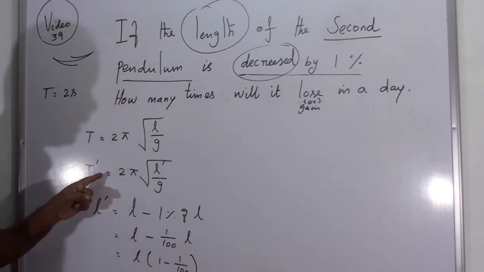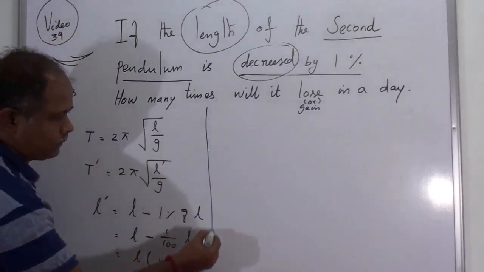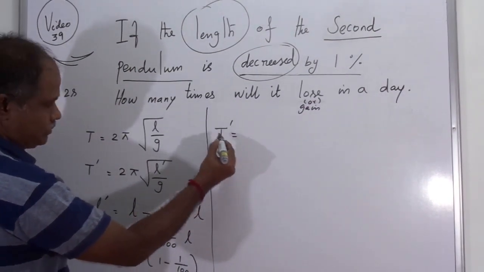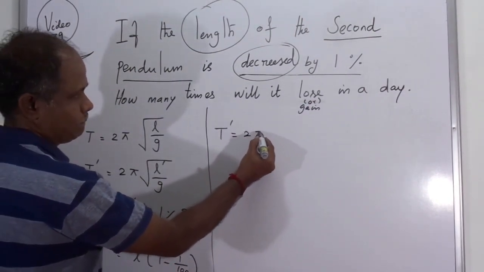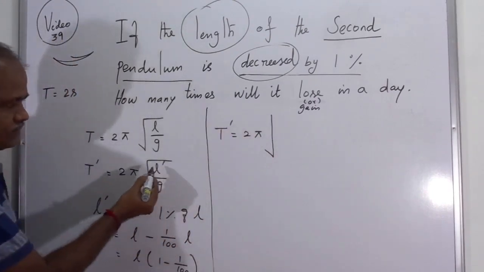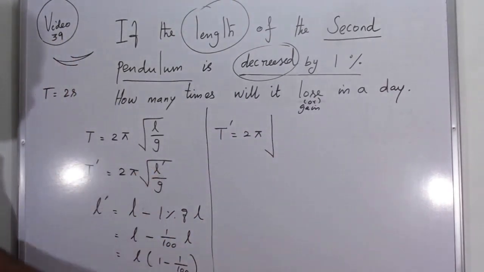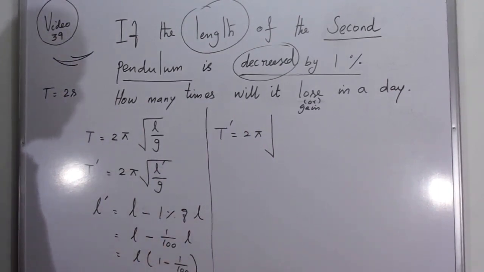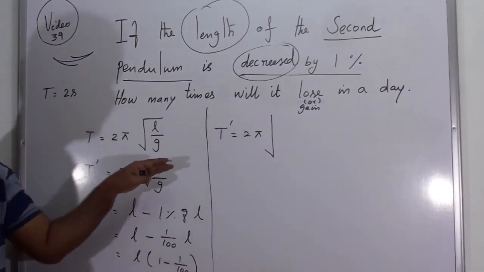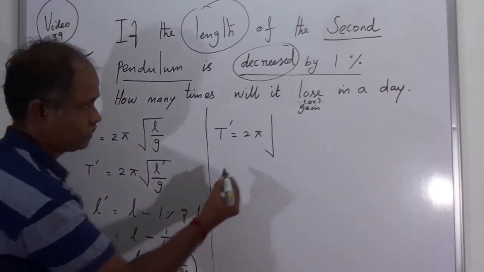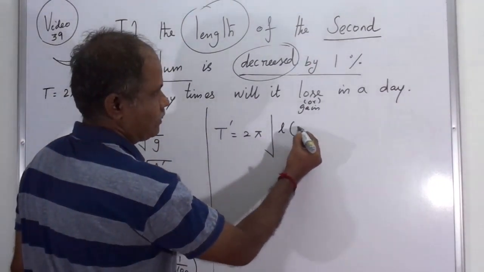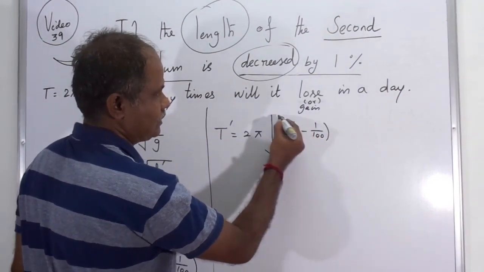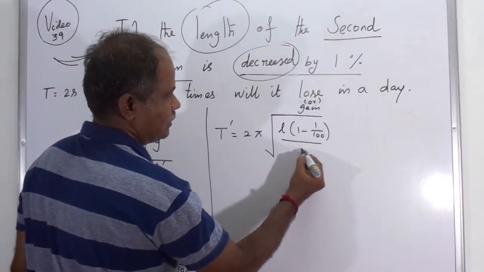Just substitute this value here. Then T dash is equal to 2 pi, no change, under square root of, instead of L dash, L into 1 minus 1 by 100, that is the 1% decrease, divided by g.